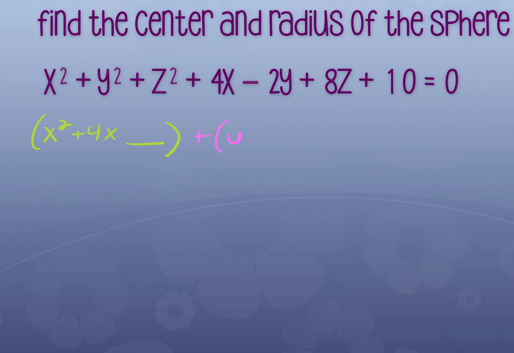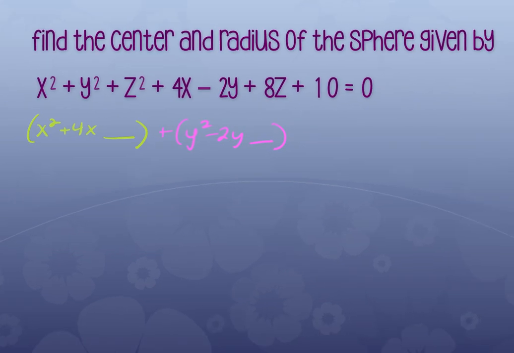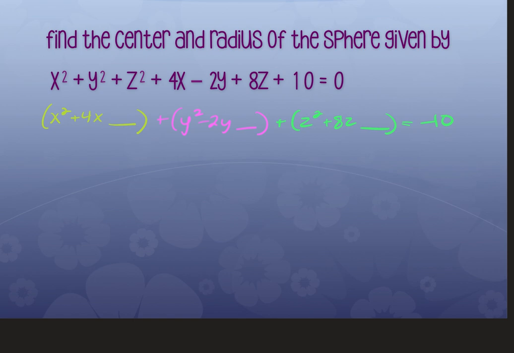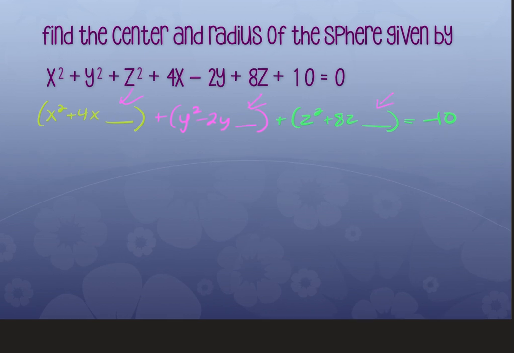It's still completing the square, you're just doing it 3 times. The term complete the square means finish each one of these perfect square trinomials. That's what complete the square is.